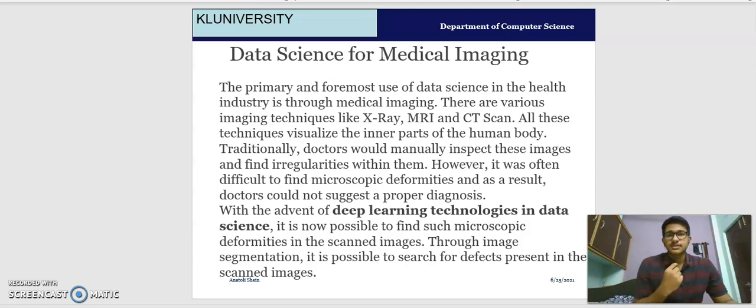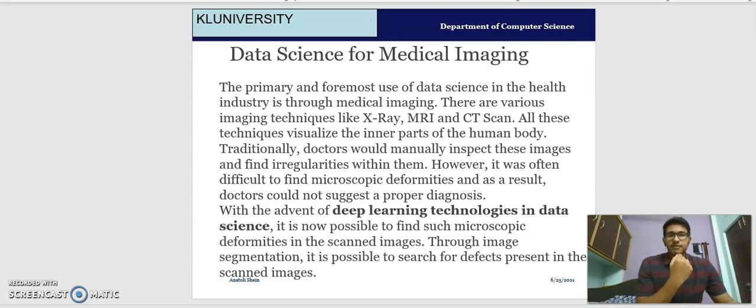All these techniques visualize the inner parts of the patients, find some irregularities between the images, and give us the accurate output of what actually it is and how it is different from the original part.